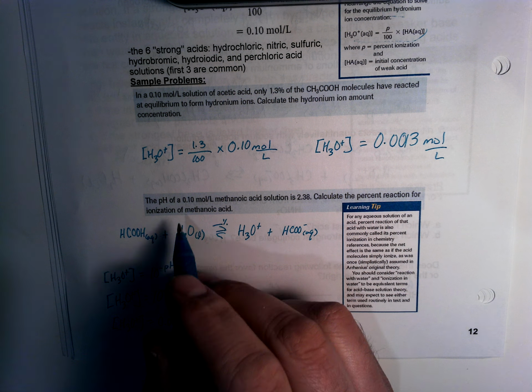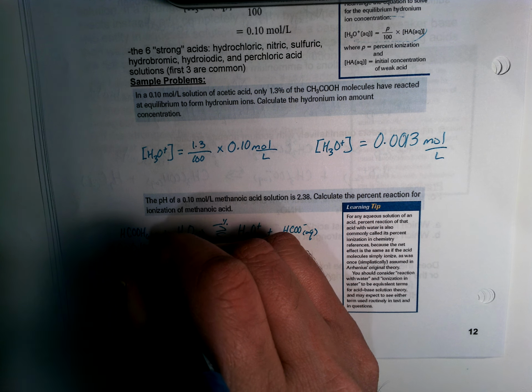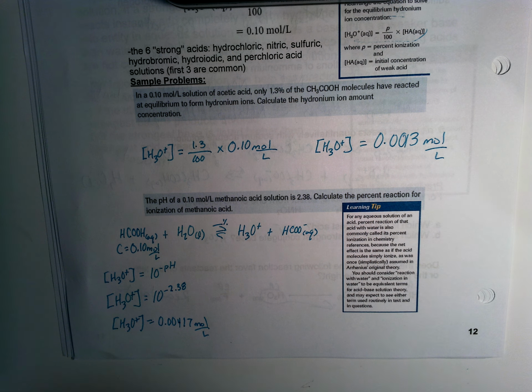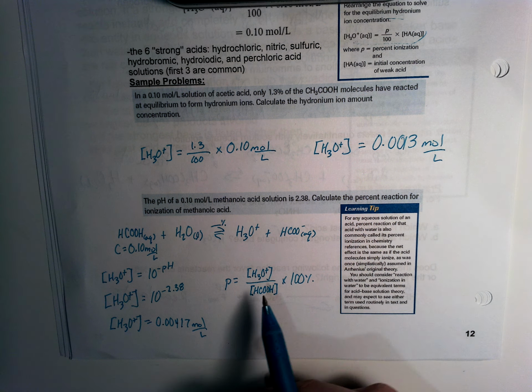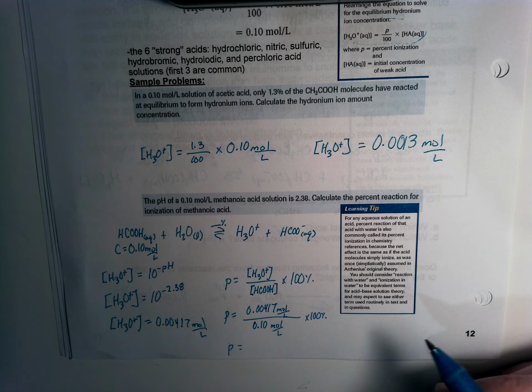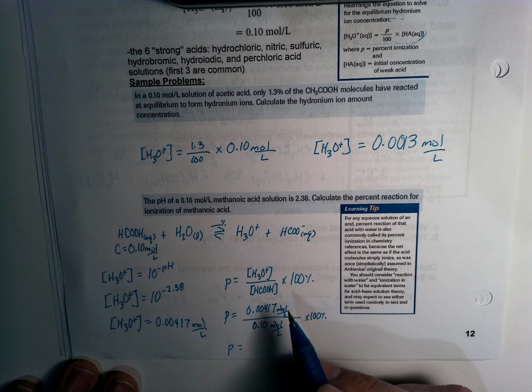We're also given our initial concentration, which is 0.10 moles per liter. So this is the formula we'll use, which we learned earlier on the page. We just put our numbers in. Our units cancel off and we're left with a percentage.